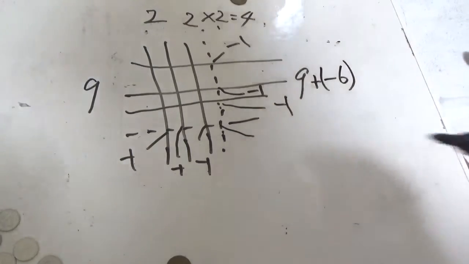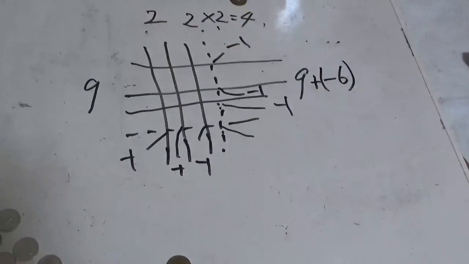And what will be this negative value multiplied by negative value?